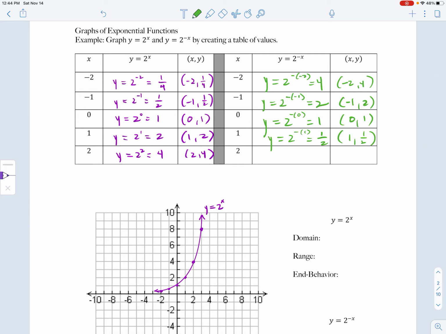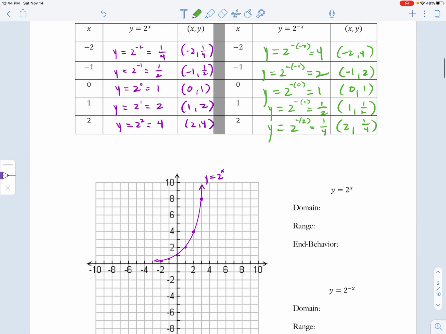And 2 to the -1st is 1/2, thinking exponent rules. And 2 to the negative second power is 1/4. Again, thinking exponent rules.